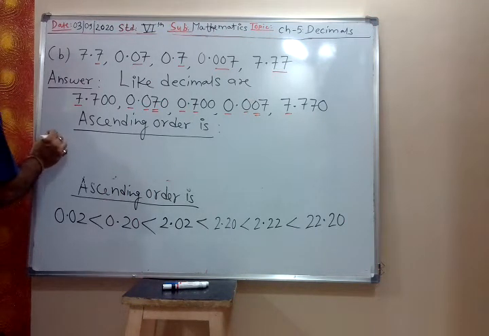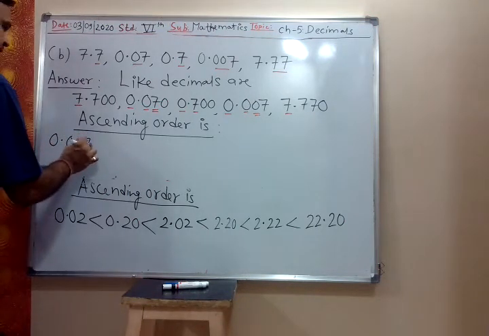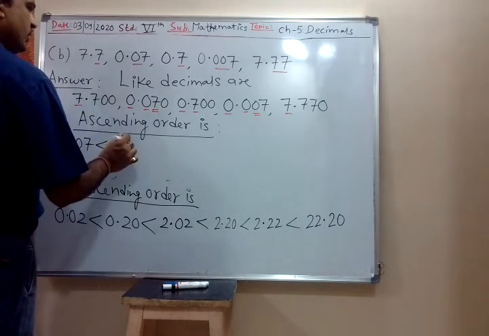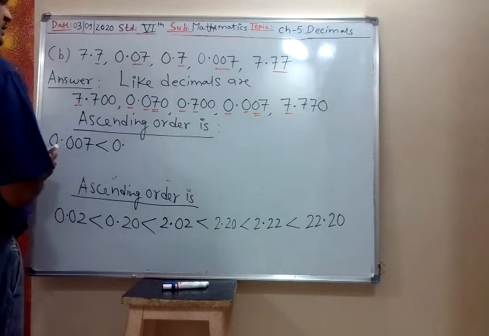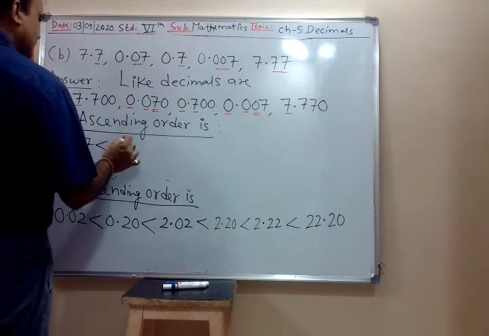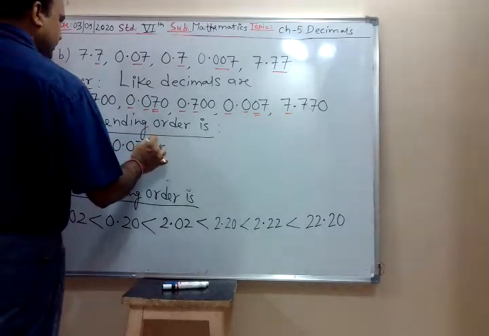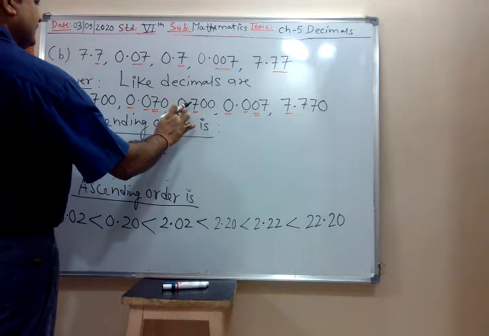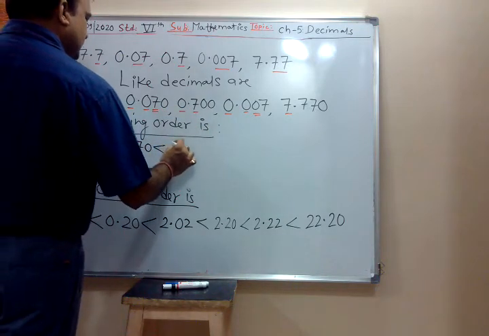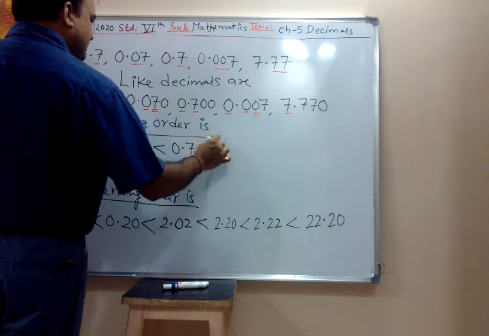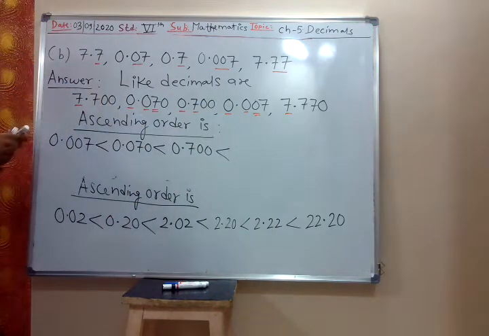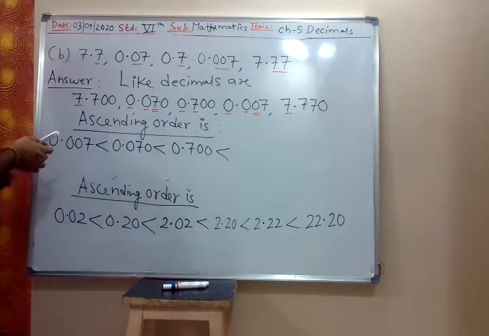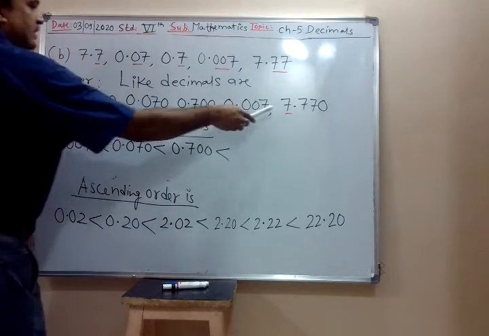So 0.007 is less than 0.070, these two are smallest. Then after this, 0.700 is next, so the 0s are over. Now which are left? These two numbers. We compare the digit from the left, 7 and 7, same.